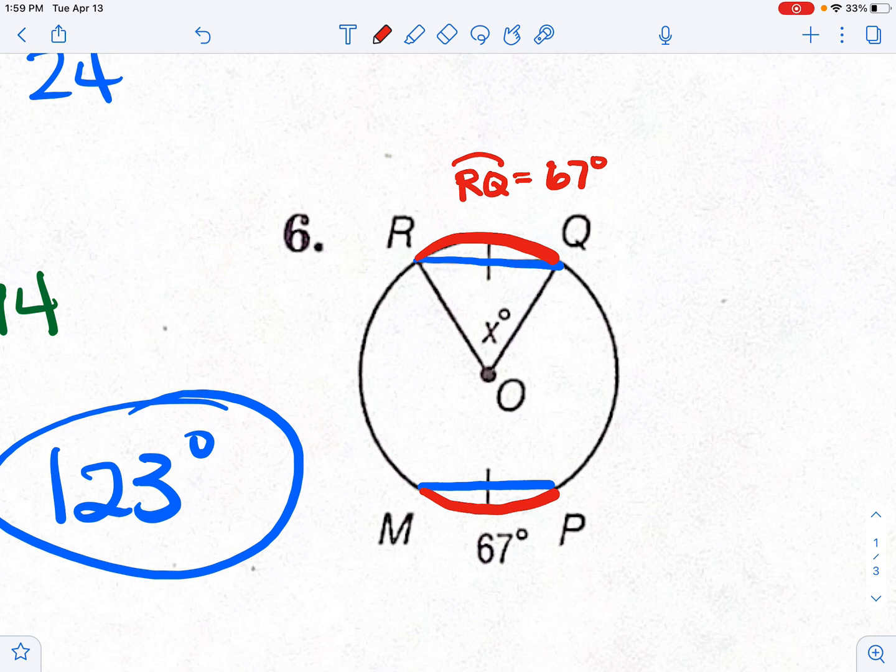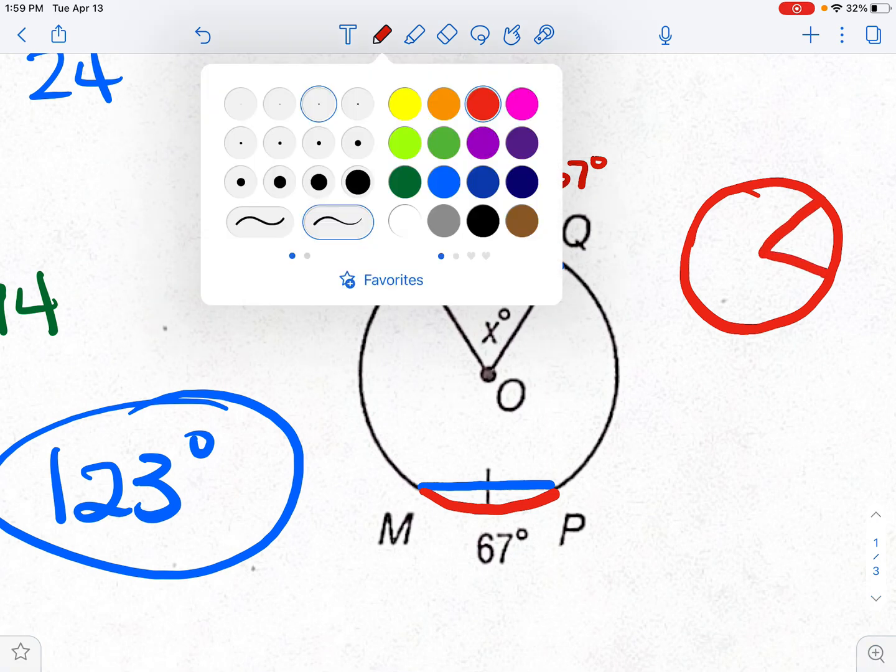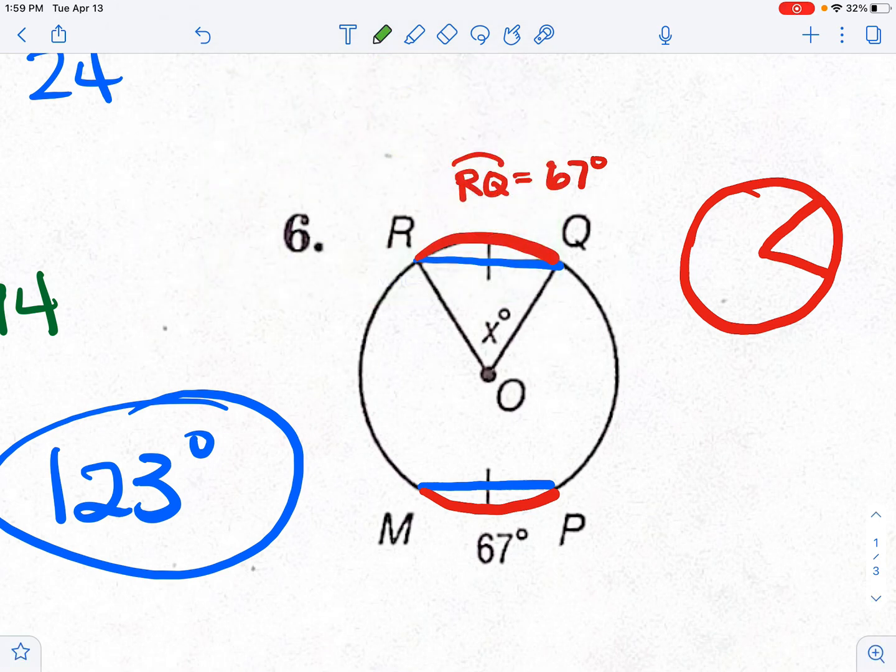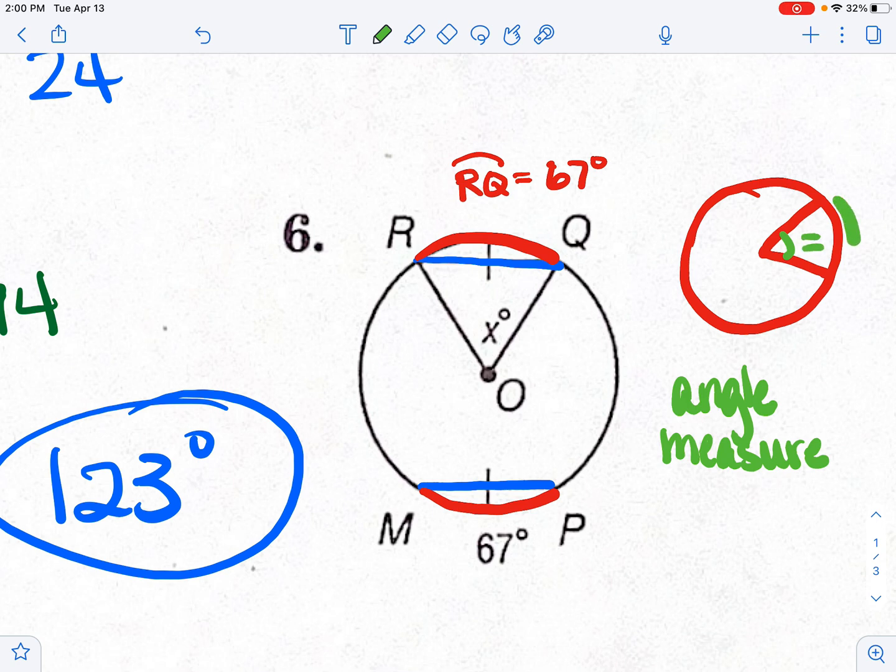Now, if you recall from 10-2, when the vertex is in the center, the measure of a central angle, it must be in the center, it's very important, is equal to the arc length.